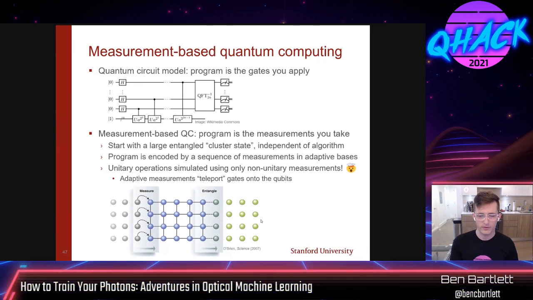Depending on the results of previous measurements, you might measure your qubit in the X or Y or Z basis. The remarkable thing about this is that using only non-unitary measurement operations, you can actually simulate unitary operations and compile quantum circuits into a measurement-based approach. Your adaptive measurements at each point in the program basically teleport gates onto the qubits.